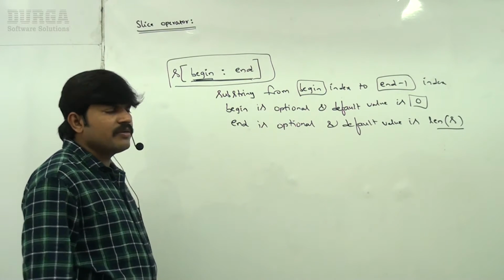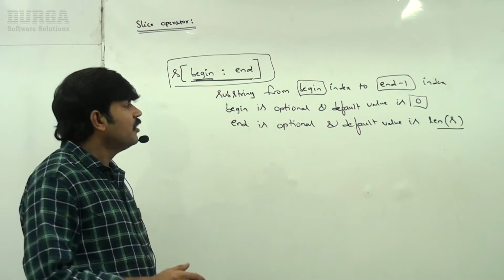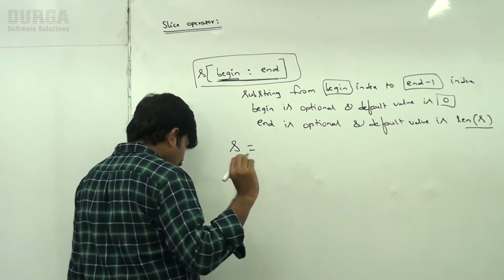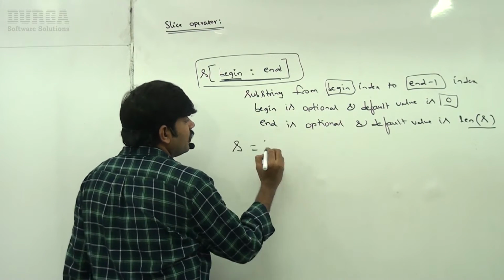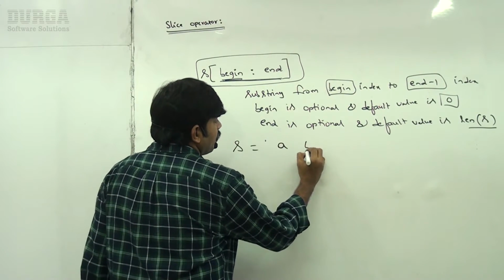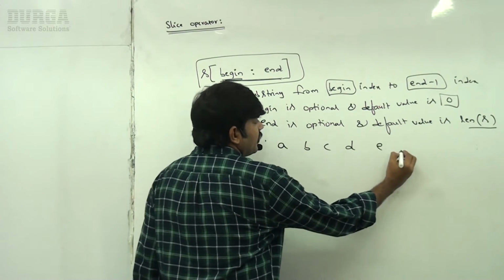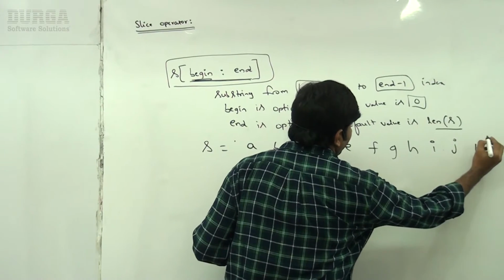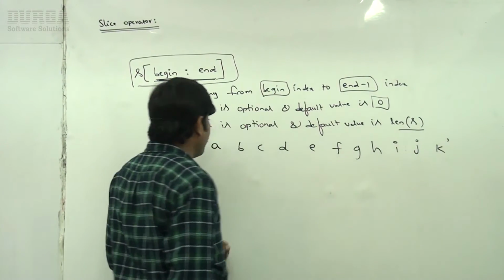Sir, can you explain with a small example, like you may ask? Very simple, let me consider, sir. s is equal to A, B, C, D, E, F, G, H, I, J, K, like this I am taking, sir. Take very special care.